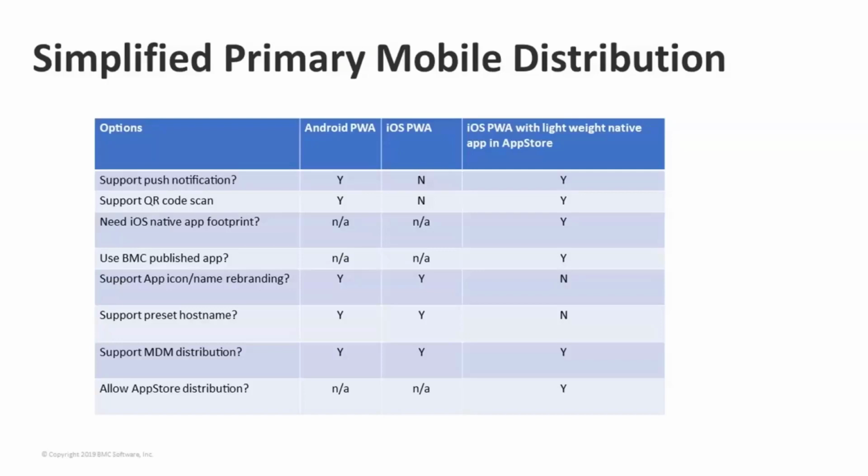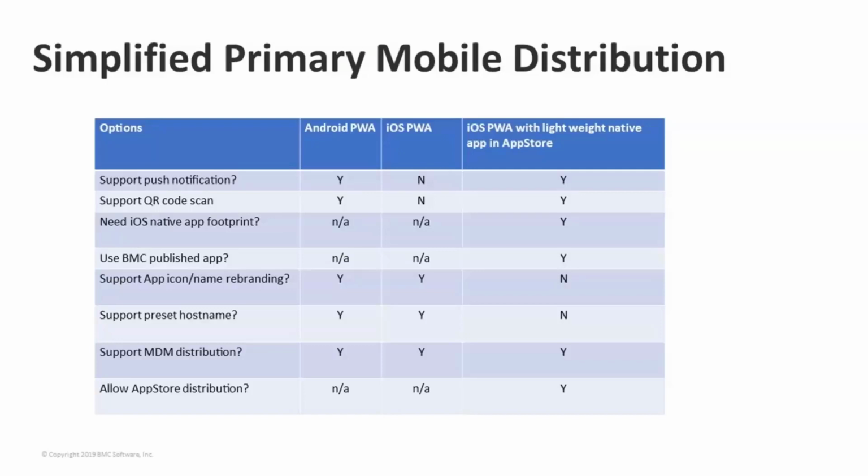Some of the key functionalities specific to mobile are push notifications that you get on your mobile device. Yes, that is possible using a PWA. QR code scanning, if you're using the location functionality, and if you're using the scanning capability, then that is available on your mobile on the PWA on Android, right?